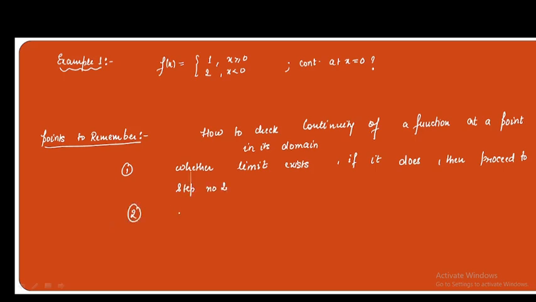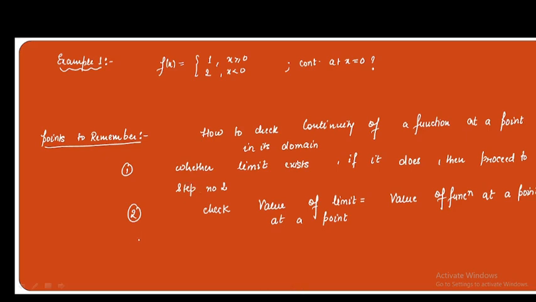What is it? Check whether the value of the limit is equal to the value of the function at a point. Value of limit at a point is equal to value of function at a point.